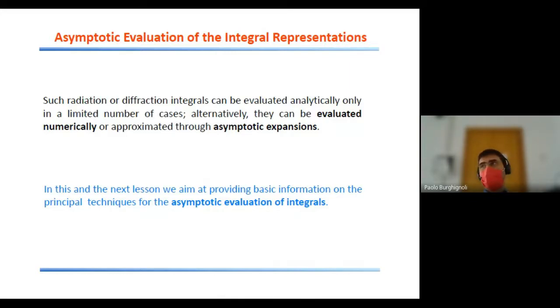This is the aspect that we will address in this lesson and in the next one. So here we will start giving some basic information about the techniques that can be used for evaluating asymptotically the integrals that can be used to express fields, wave fields in general.